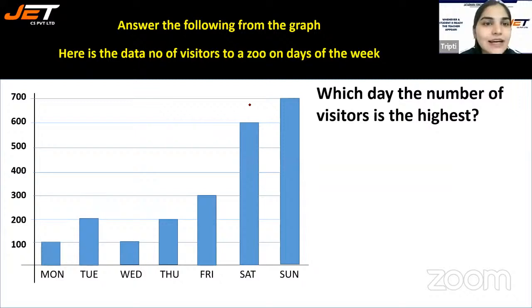Here is the data of the number of visitors to a zoo on days of the week. Which day is the number of visitors the highest? You just need to see the data.